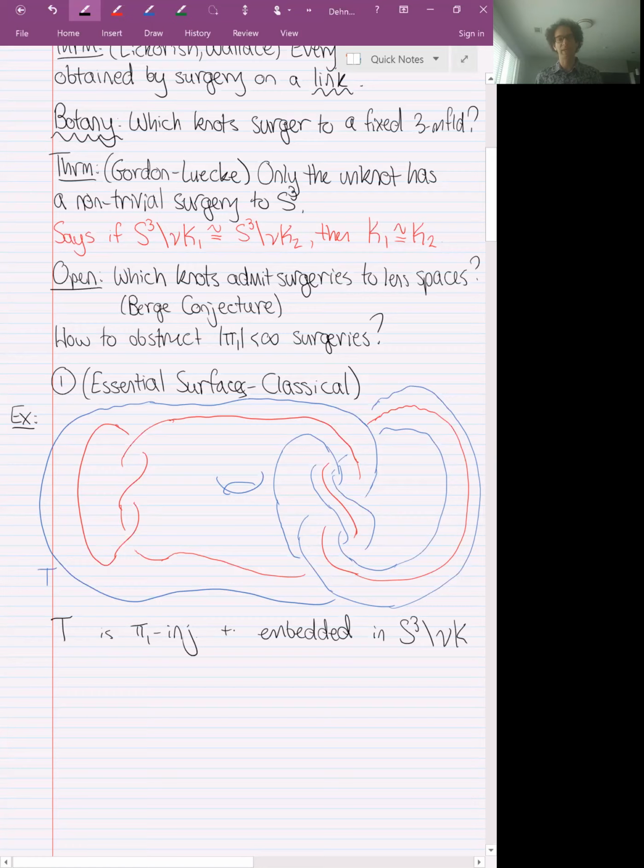So that means that when I look at the inclusion map from T into the knot exterior, it induces an inclusion on pi1. The key fact, which requires some work to check, is that T stays pi1 injective and embedded in all non-trivial surgeries.